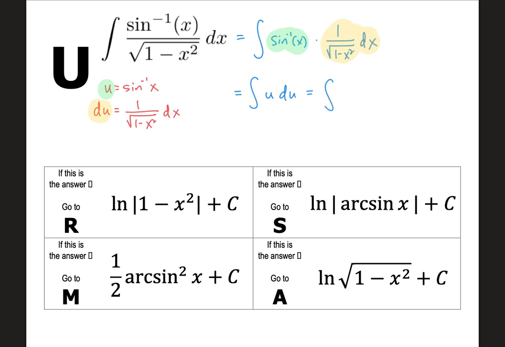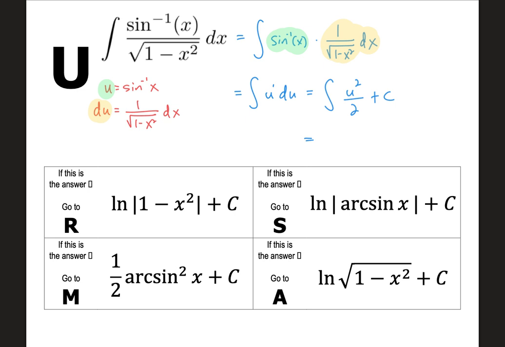Okay, so now you take the antiderivative, and you could think of this as u to the 1. So you add to the exponent and then divide by that new exponent. With definite integrals, you can change the limits so that you don't have to get the integrand back in terms of x. With indefinite integrals, you have to substitute back in terms of x after you take the antiderivative.